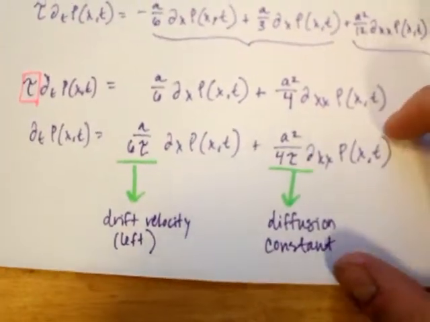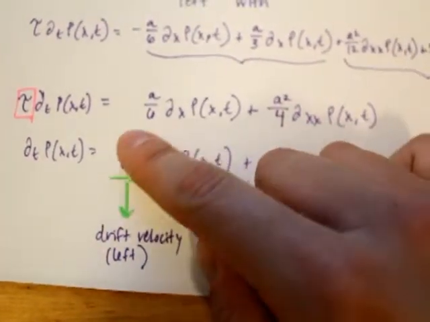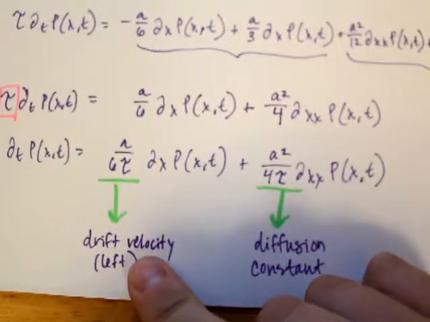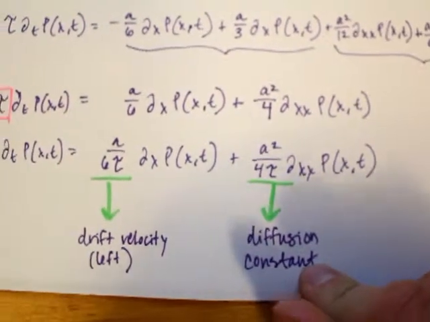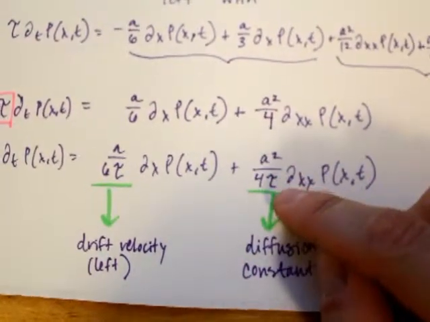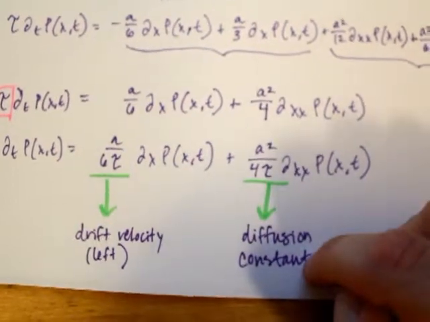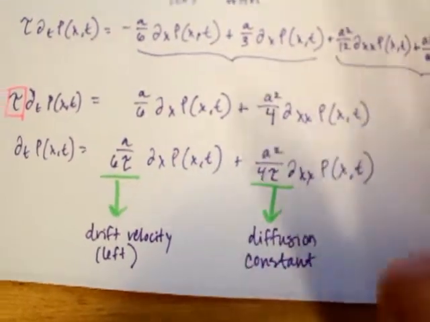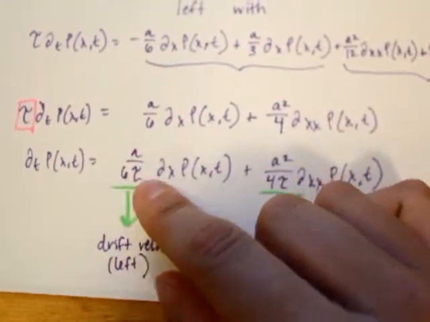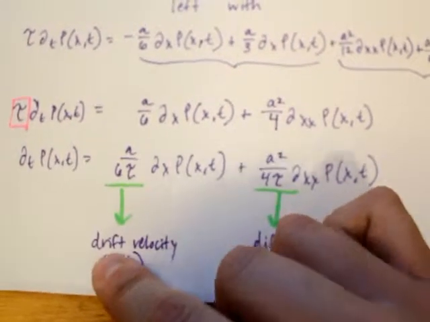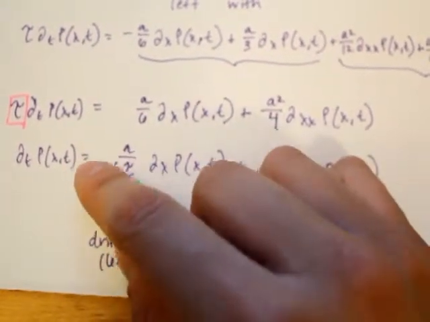When we have our equation in this form, it's really easy because these two coefficients are our drift velocity and our diffusion constant. So we can see that a squared over 4τ is the diffusion constant for this setup, and that a over 6τ is the drift velocity. Now we know drift velocity is left because it's positive.